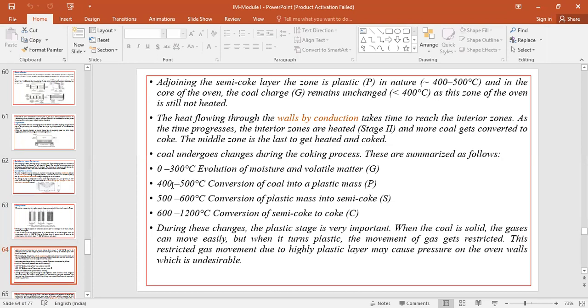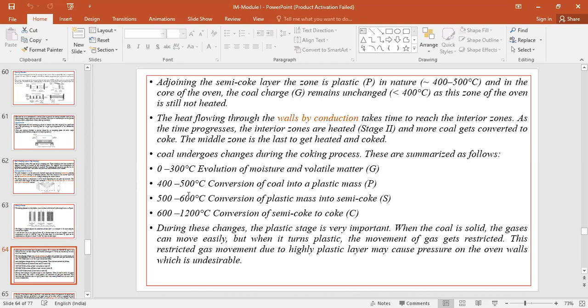And when the coal attains a temperature of around 400 to 500 degrees centigrade, it will convert into plastic mass. And slowly, once it attains a temperature of 600 degrees centigrade, it will transform from plastic mass into semi-coke. And between 600 to 1000 degrees centigrade, the semi-coke will convert into a densely porous mass that is called coke.